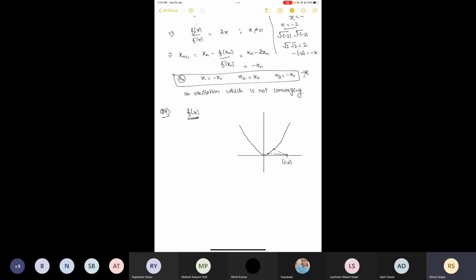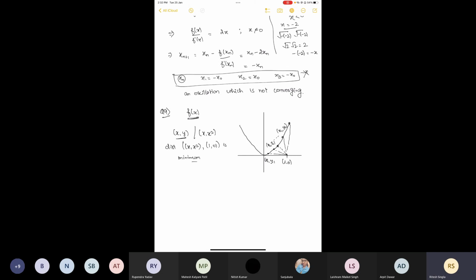I put some point here, this is some other distance. So from 1, 0, you can go to an infinite number of points. They are asking you to find this x comma y, or I can say x comma x square pair, such that the distance between it and 1 comma 0 is minimum.